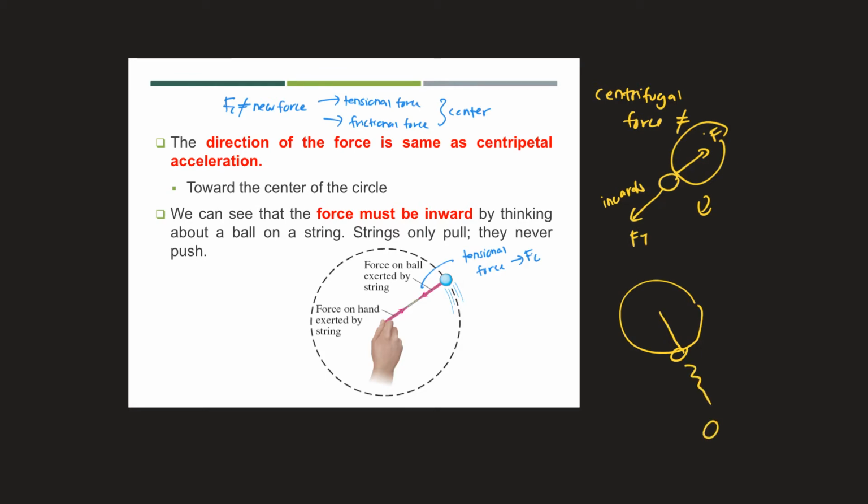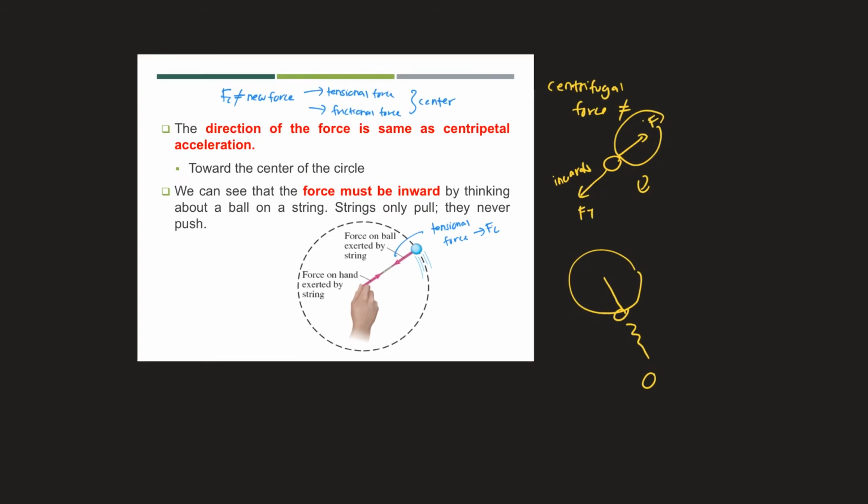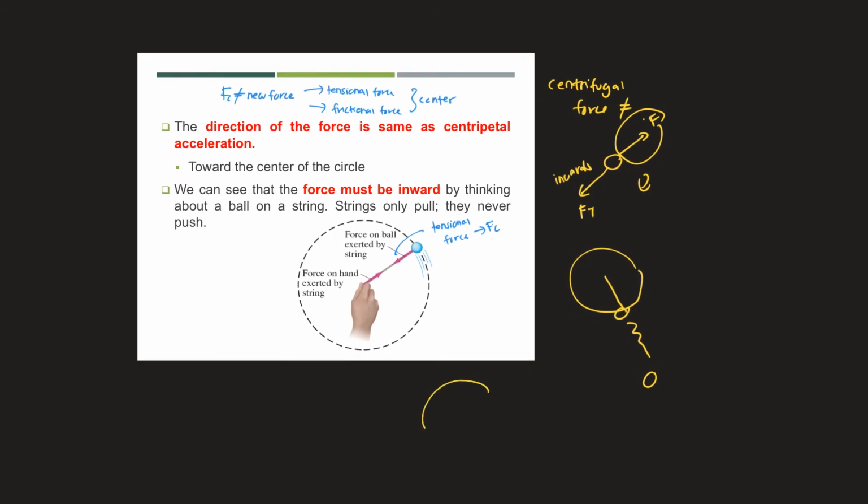What really happens is that when you don't apply any force, the ball moves in the direction of the velocity at the moment it was released, which is tangential to the circle.